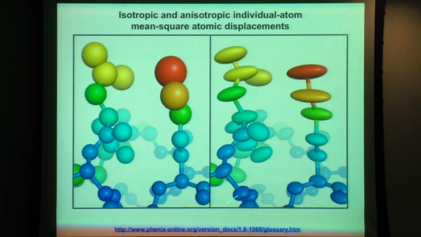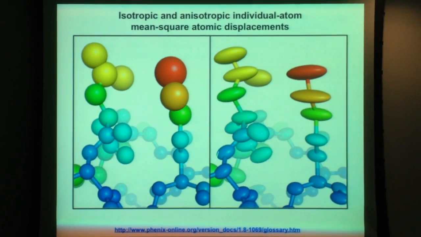So here we go again, we're at blue, the displacements are small, and generally the smaller the displacements, the more nearly isotropic they look. So when you're close to the main chain or on the main chain, if it's an ordered chain, then these little blue, almost spherical atoms, and then as you go out a side chain, this might be what? I don't know.